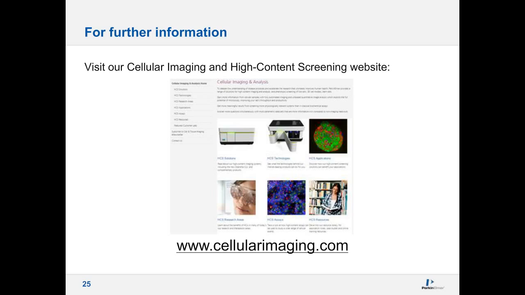This allows the user to extract hundreds of features from each cell, and then we use supervised machine learning inside Harmony, a tool we call PhenoLOGIC, to identify the combination of the most relevant parameters to tell different phenotypes apart.